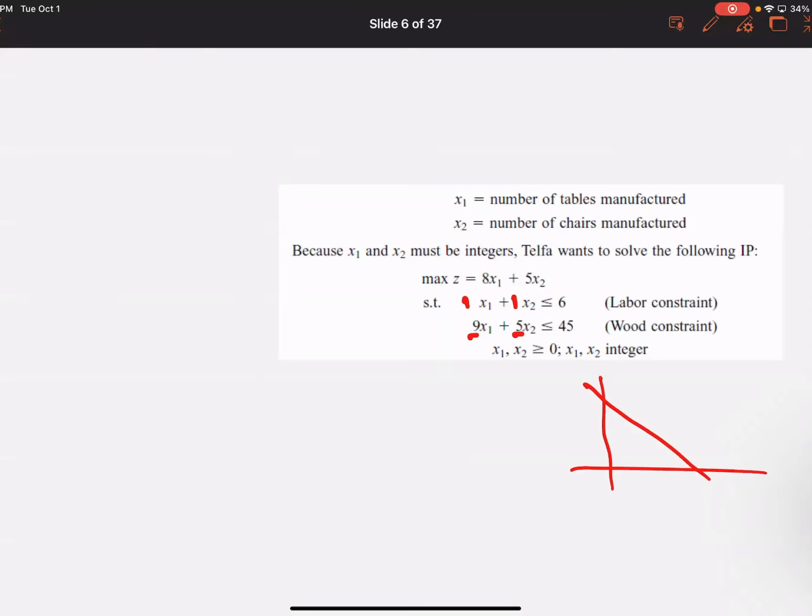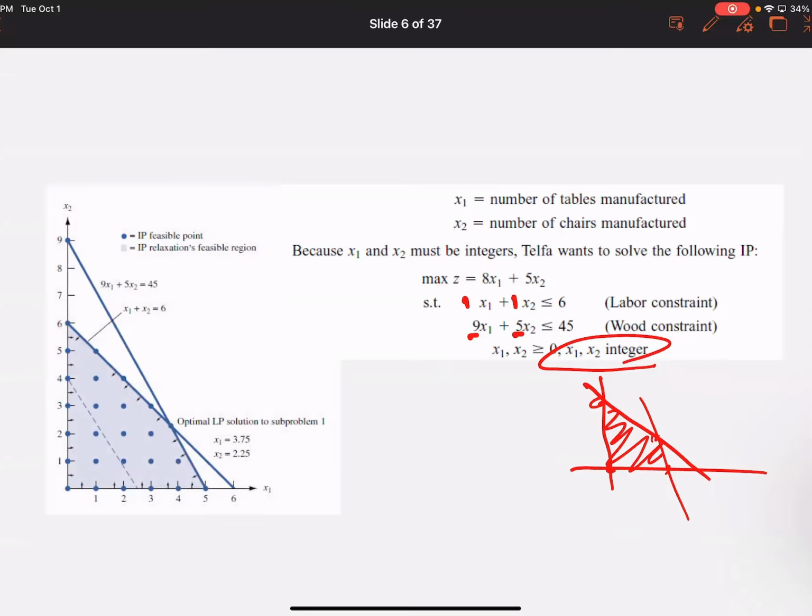And then probably that's another constraint. That's my feasible region. Just use either the graphical method or simplex to find the answer. The answer is going to be one of these corners. However, note that these variables have to be integer because you cannot produce 1.3 chairs or 7.2 tables. They have to be integers, the answers.